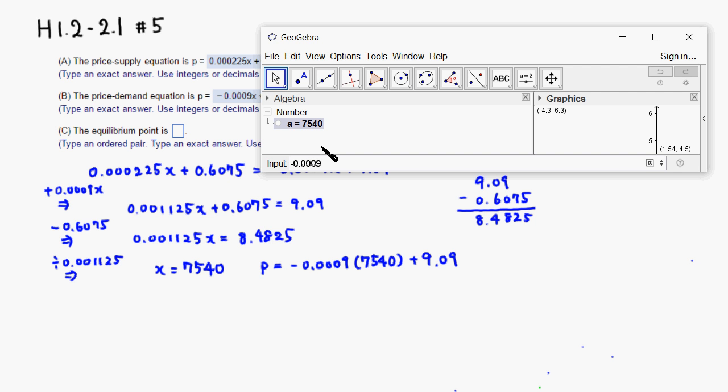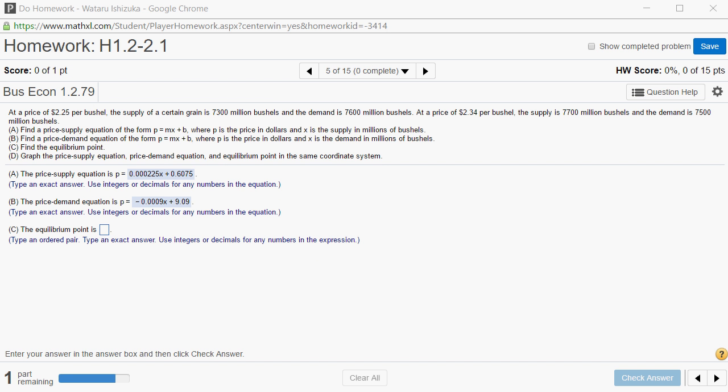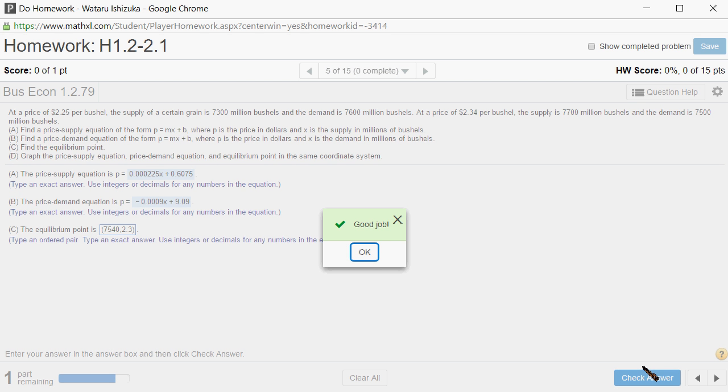So this came out to be 2.3. So price is 2.3. Let's type this in. So the equilibrium point would be x equal to 7540, and $2.30. Alright, let's check the answer. Alright, we got that.